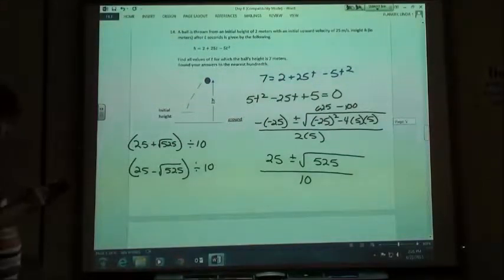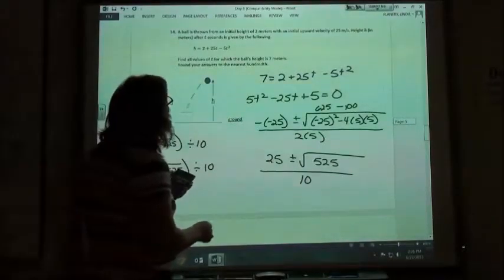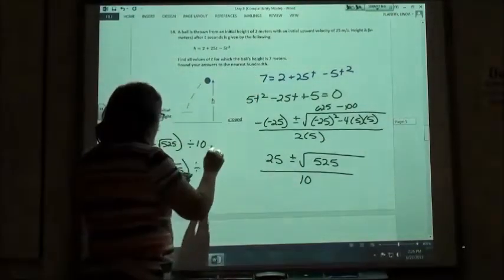So 25 plus the square root of 525 in parentheses divided by 10 gives me 4.79 when I round to the nearest hundredth.